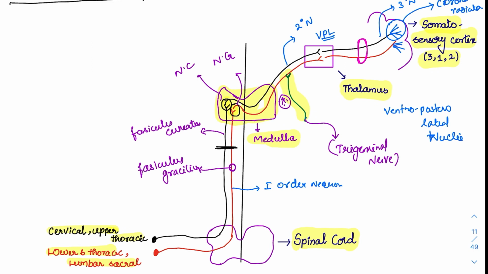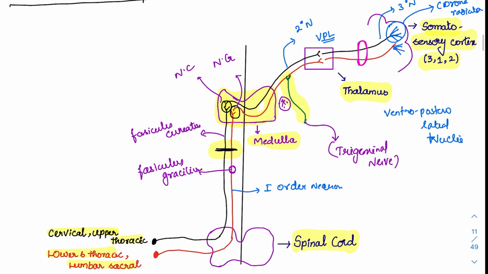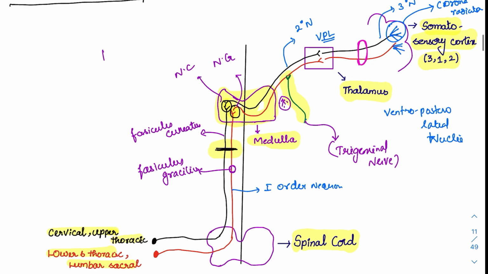Let's say there is an injury here. Let's take this as the right side and this as the left side. So where is the injury happening? The injury is happening at the hemisection of the spinal cord, on the right side. So just trace this tract back. Which side is affected? There is a right side injury. Again, the sensation will be lost on the right side.